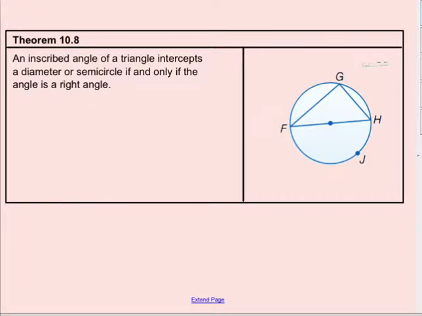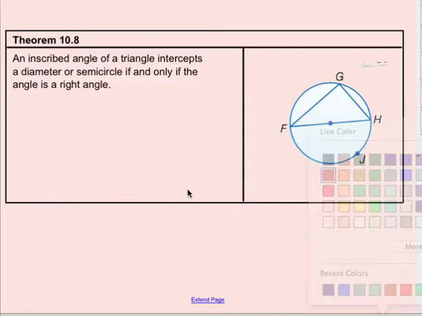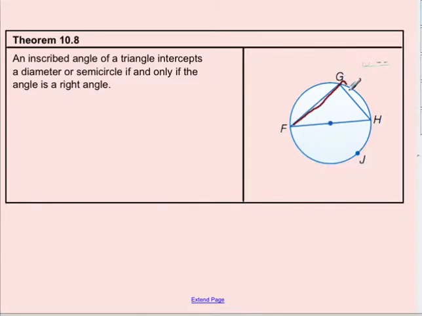An inscribed angle of a triangle intercepts the diameter or semicircle if and only if the angle is a right angle. So let's take a look at the measure of angle G. I notice angle G spans the diameter FH, which means that the intercepting arc of angle G is a semicircle, and semicircles are 180 degrees.